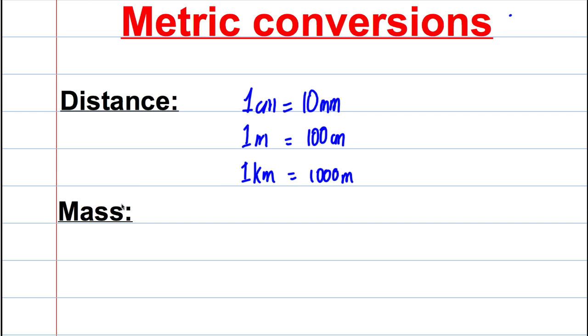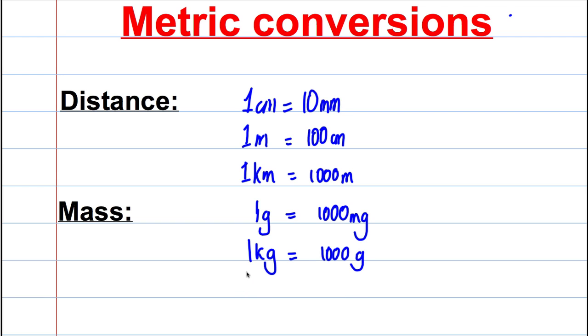Okay, next we're going to deal with mass. What we need to know in mass is as follows. We need to know that 1 gram is equal to 1000 milligrams. We need to know that 1 kilogram is equal to 1000 grams.